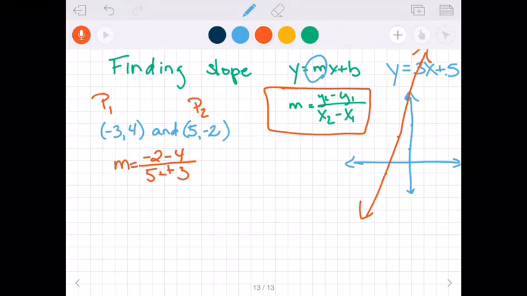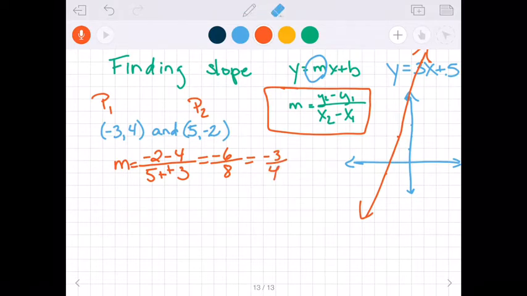So I end up with -2 minus 4 is -6 over 8. And that can be reduced to -3 over 4.